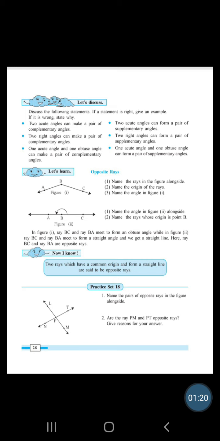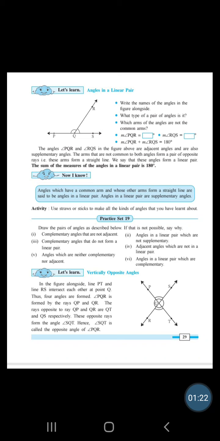Our next point is angles in a linear pair. This point is very much similar to supplementary angles. We have studied in supplementary angles that when 2 angles after adding make 180 degrees, then they are called supplementary angles.